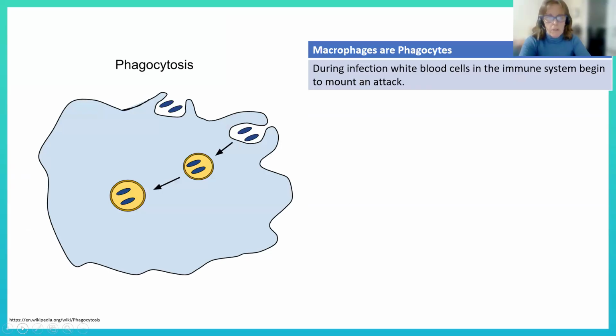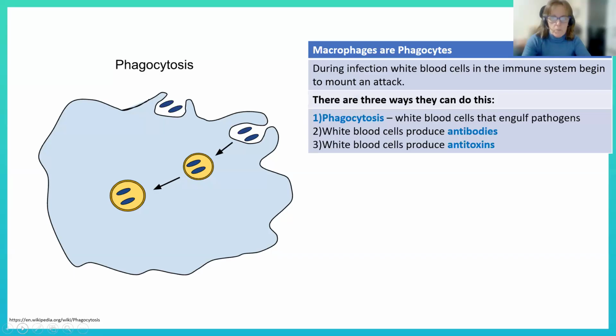So we're going to have a look at this process of phagocytosis now. During infection, the immune system will begin to mount an attack, as we saw with the macrophage. There are three things they can do broadly. There are lots of things, it's very complex, so this is a very brief summary. They can phagocytose and engulf the pathogens.